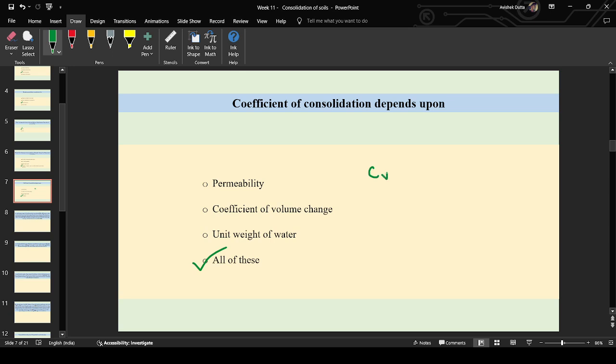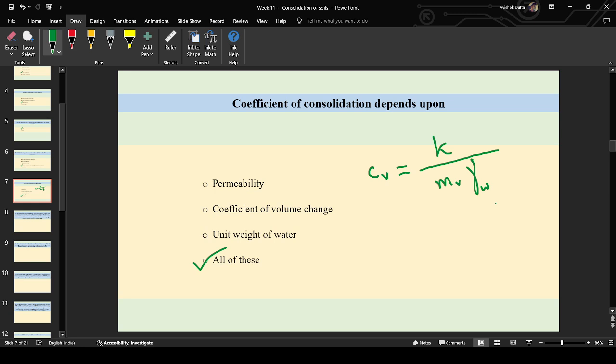This is K divided by MV into gamma W. Very good. So what is K? K is permeability coefficient. Very good.